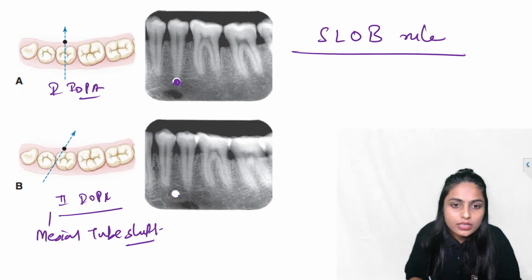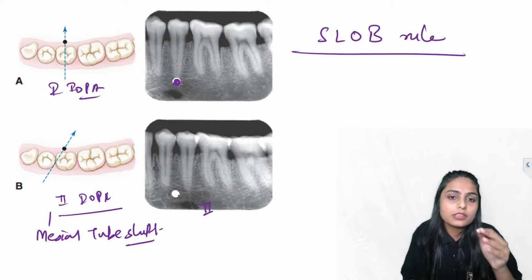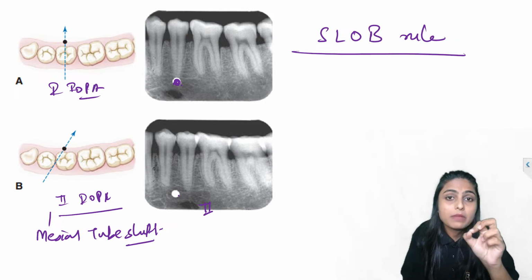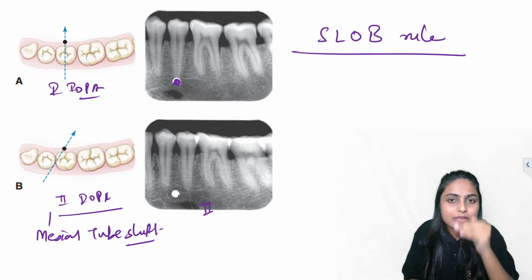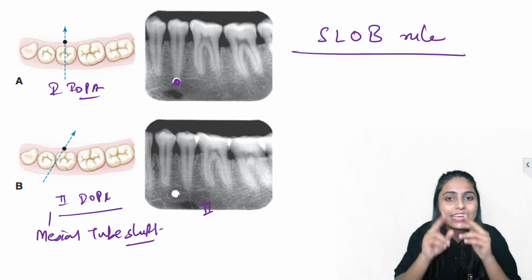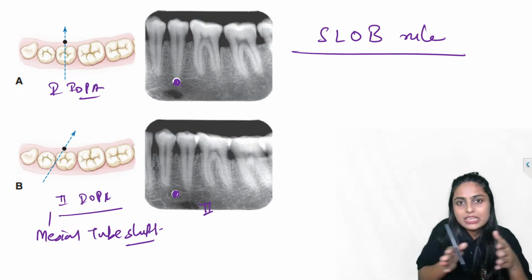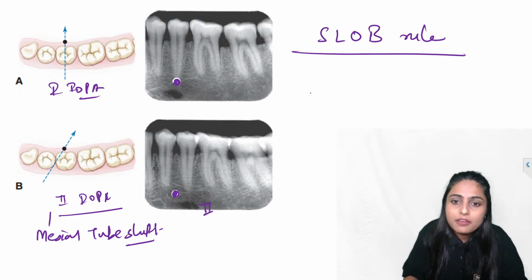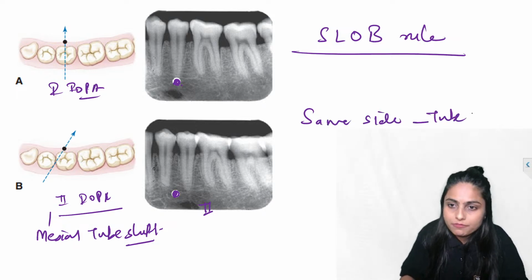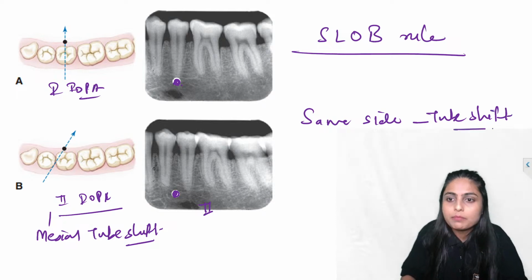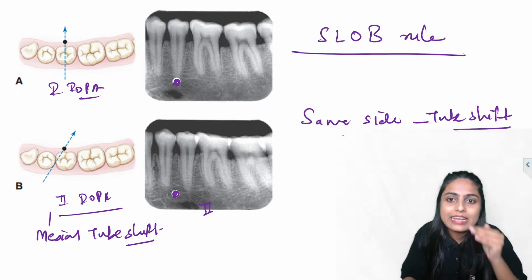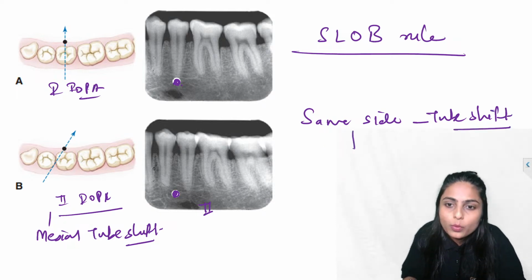So in the first radiograph, the radiopaque mass was below the apex of the second premolar. Now here this object is shifted mesially. So if your object is shifting to the same side as the tube shift, that means your object is located lingually.